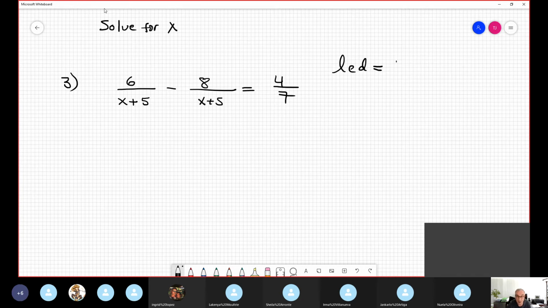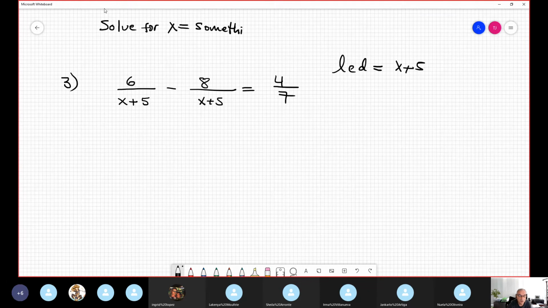When I finish everything, I need to get x equals something, a solution to satisfy this equation. The LCD is x plus 5 because it's the only one. And 7, you forgot, Nuela. Everything in the denominator you take.